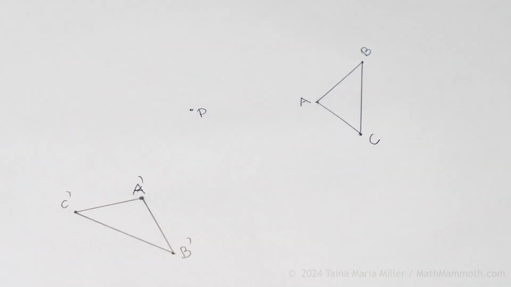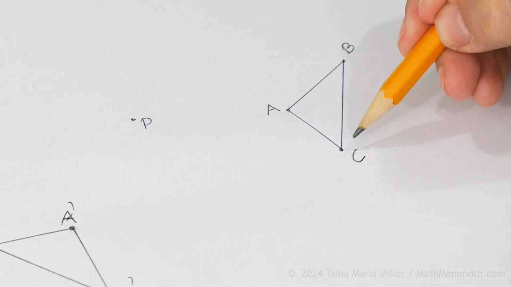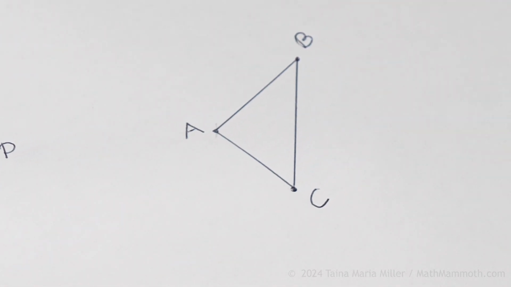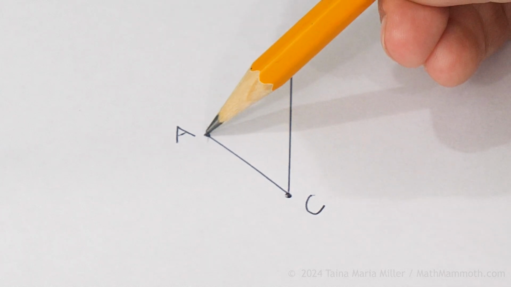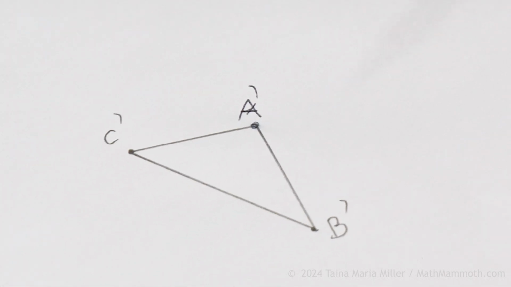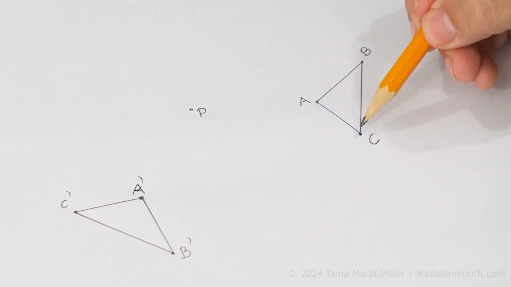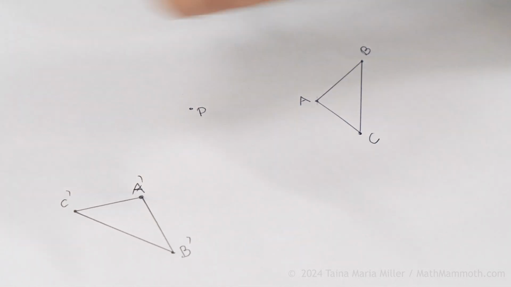Now I have a question for you. What happens to these lengths, the side lengths, and to the angles in a rotation? In other words, for example, AC here, it's a certain length here. Will it be the same length here? Is it congruent? Is AC congruent to A prime C prime? And the same for the other two sides.